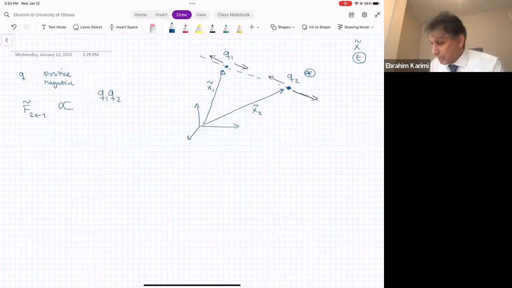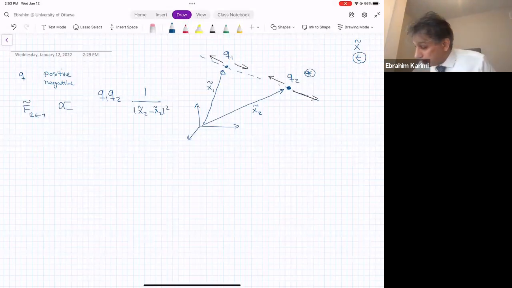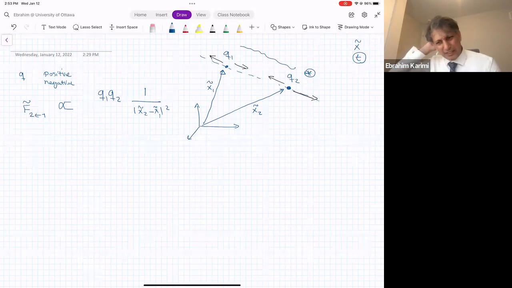And surprisingly, it is inverse to the distance between charge 1 and 2. So this force is going to be 1 divided by r, if r is the distance between the two charges, which looks like gravity for us, right? And that was a little bit surprising for the people at that time.